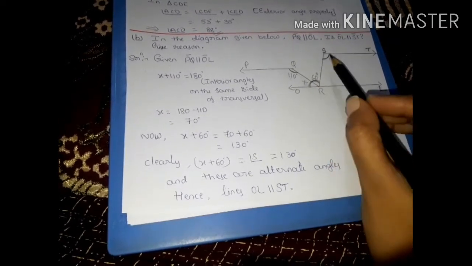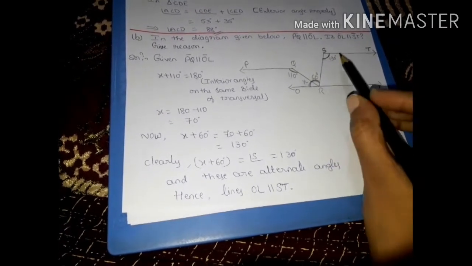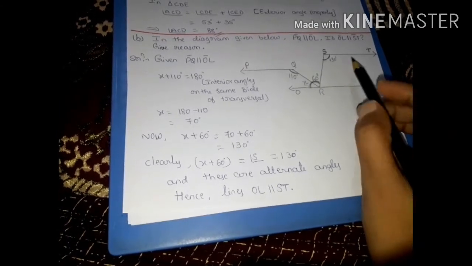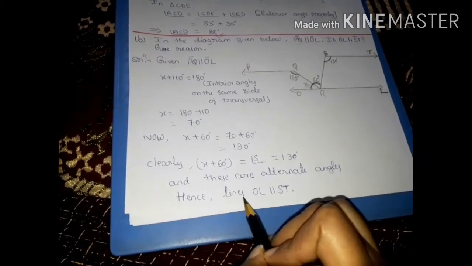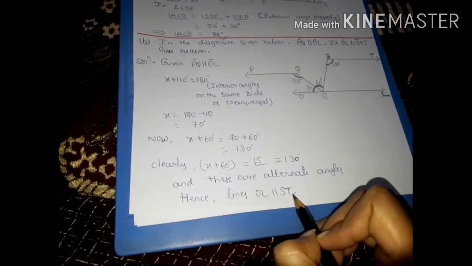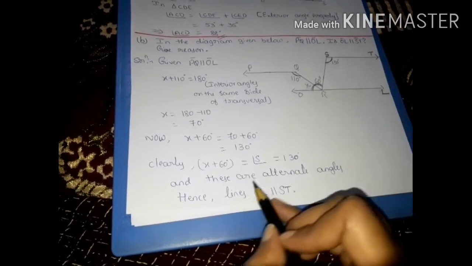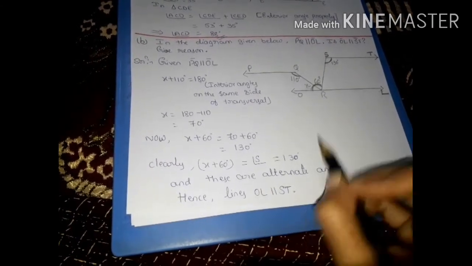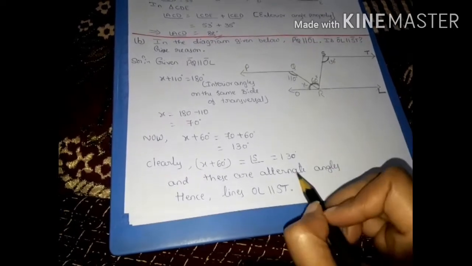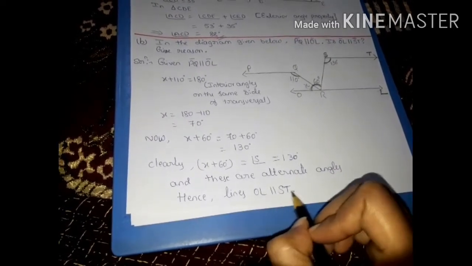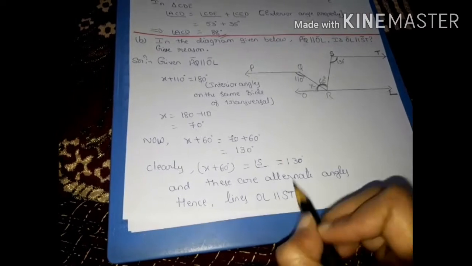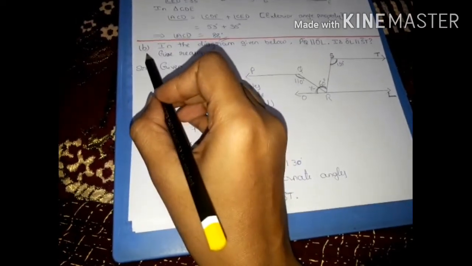Alternate interior angles are equal, then these two are parallel to each other. So lastly, hence line OL is parallel to ST. And the reason you gave is that alternate angles we got equal here. So this is the reason and we showed OL is parallel to ST. This completes brain teaser B, main question B.